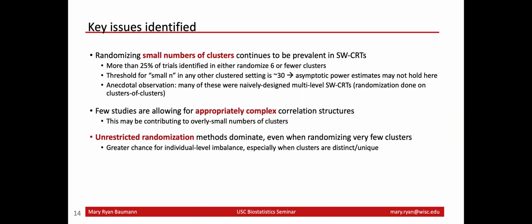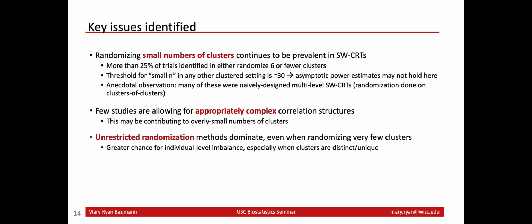So what did we learn from this review? We learned that randomizing a small number of clusters really continues to be prevalent in step wedge trials. More than 25% of the trials we looked at randomized 6 or fewer clusters, which is way below that small n threshold, so you might not have the asymptotics for power estimates holding there.